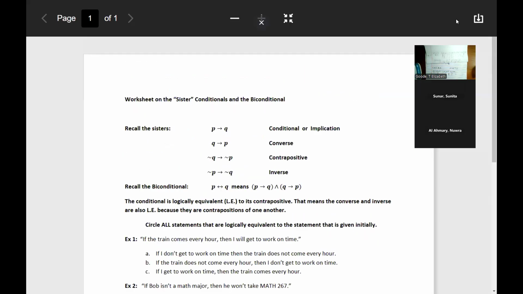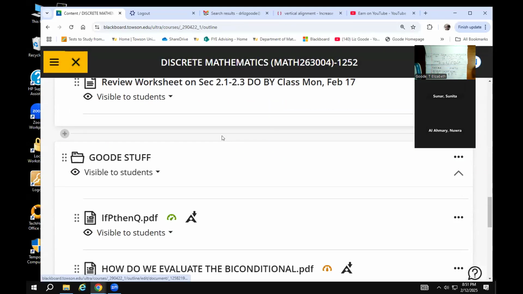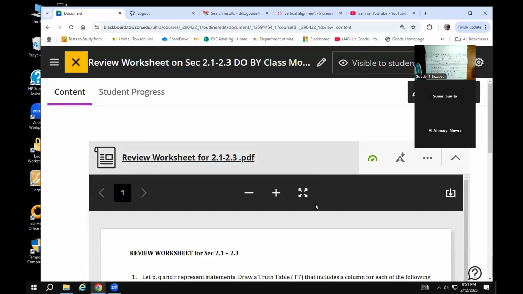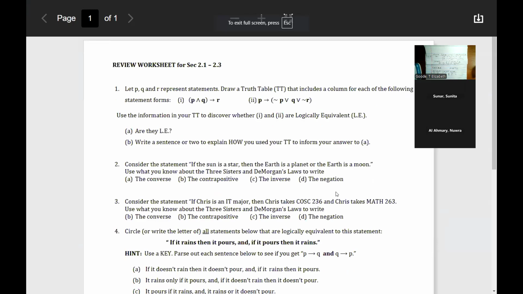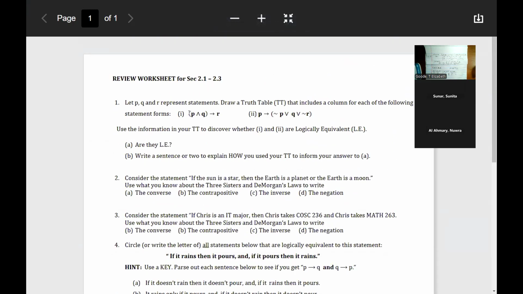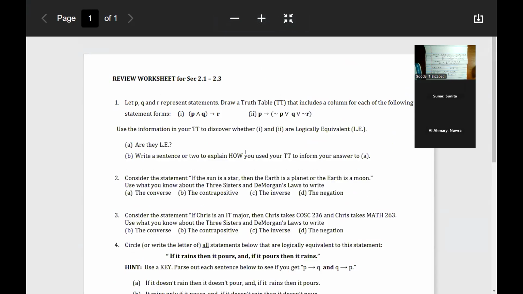this other little worksheet, this review worksheet. And again, the solutions are up, but I like that you really worked hard to get the answers. On this particular practice, problem number one, where you're going to draw a truth table to see if these two statement forms, one and two, are logically equivalent.